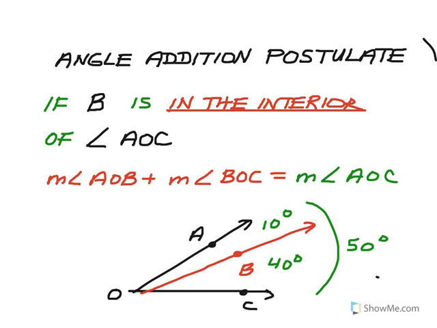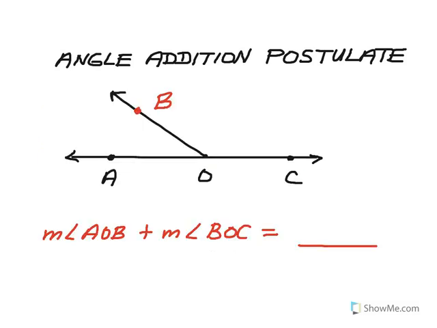A special case of the angle addition postulate is when angle AOC is what we would call a straight angle. When that's the case and B lies at a point that's not on AOC, if we draw a ray from O through B, we create what we call a linear pair.